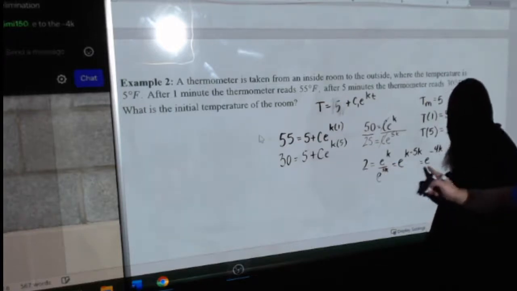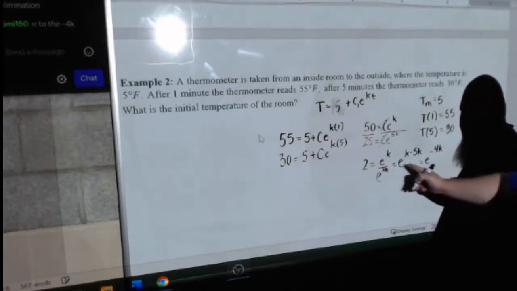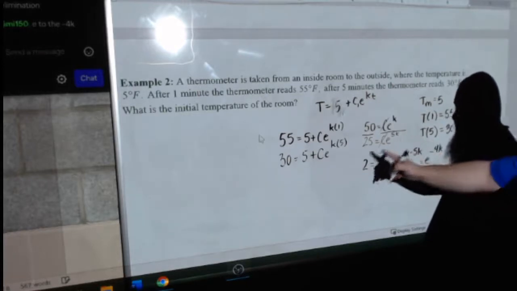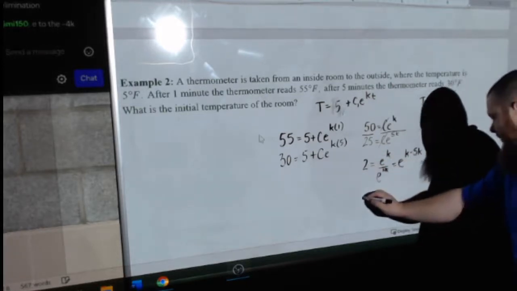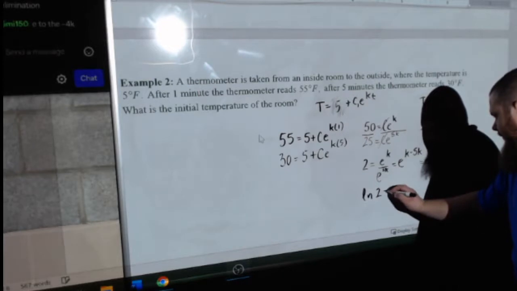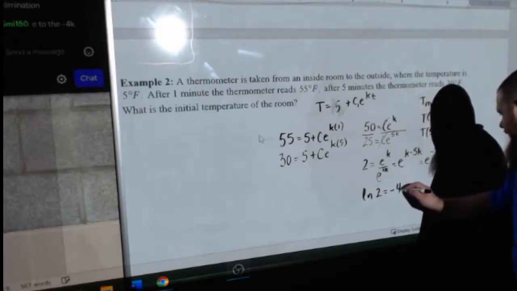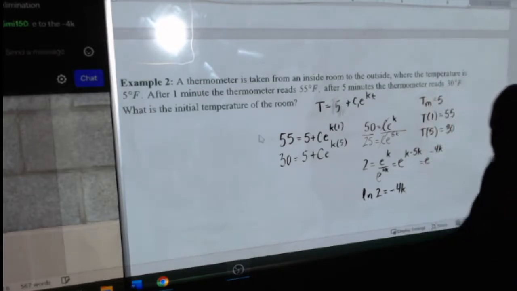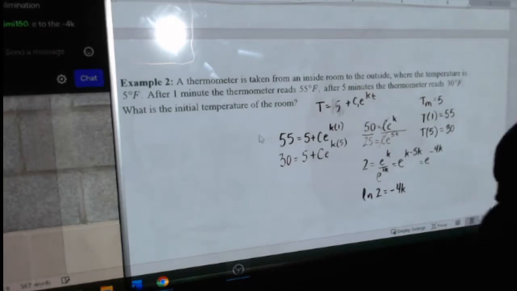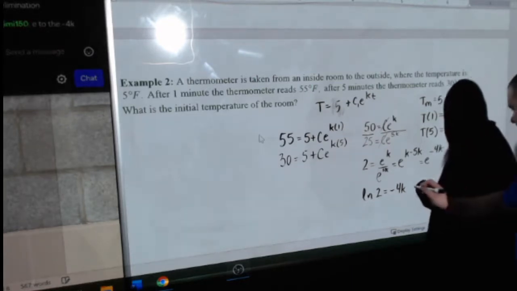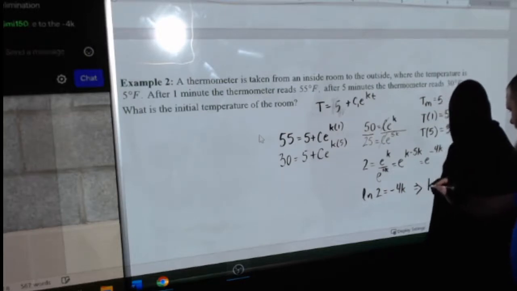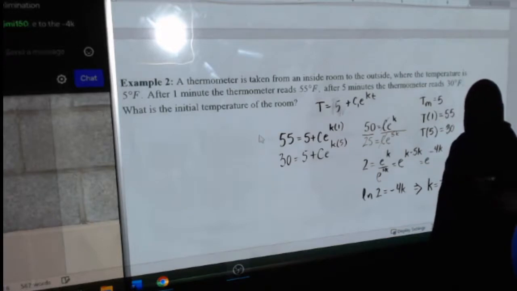So now I've got 2 equals e^(-4k). If I want to get k, I need to take the natural log of both sides. That will cancel with the e. And so it's pretty easy to get k from there. k is equal to minus 1/4 natural log of 2.